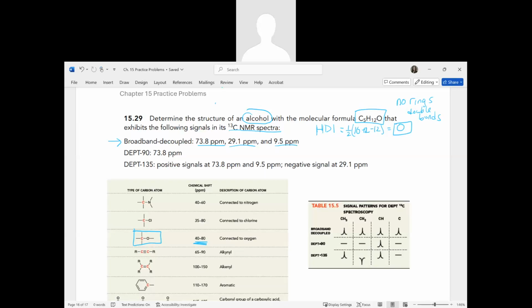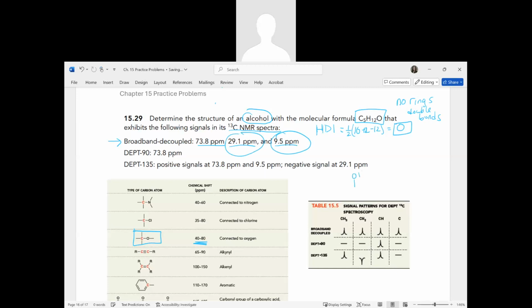So we have a total of 3 signals, but we have 5 carbon atoms. So we know that we must have some type of symmetry. And both of these other 2 signals here, the 29.1 and our 9.5, would indicate sp3 hybridized carbon atoms. So we can begin to propose a structure, right?